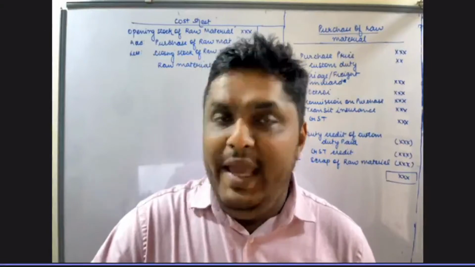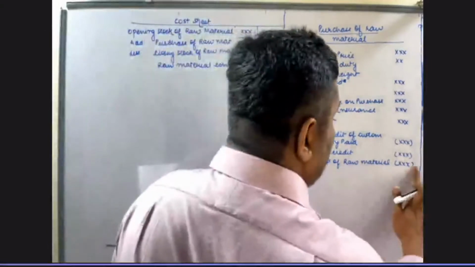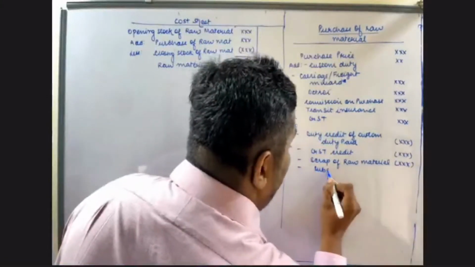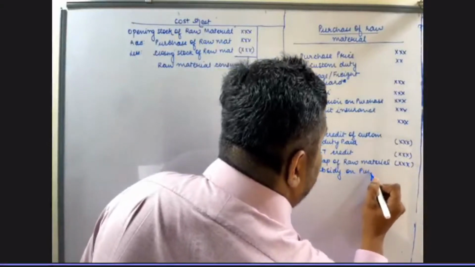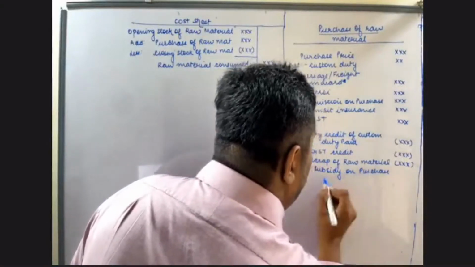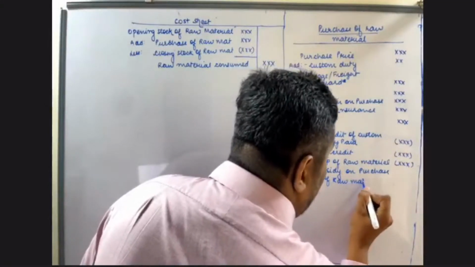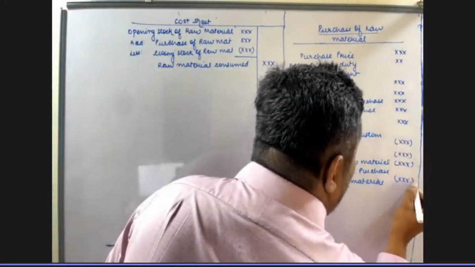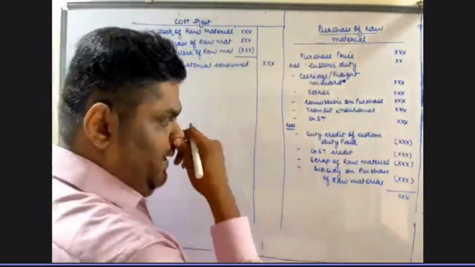Okay, any sort of subsidy received. Any sort of subsidy or grant if received on purchase of raw material will also be deducted.